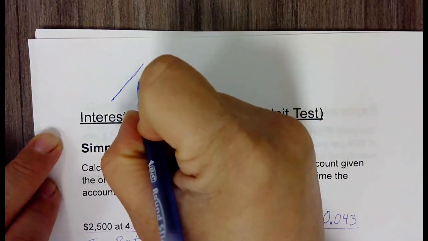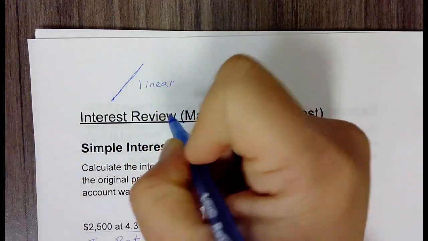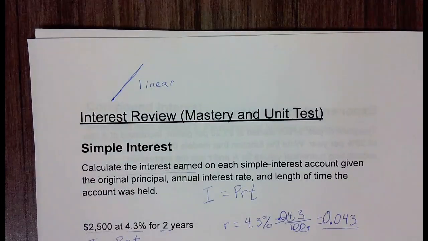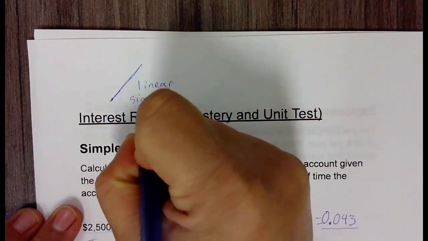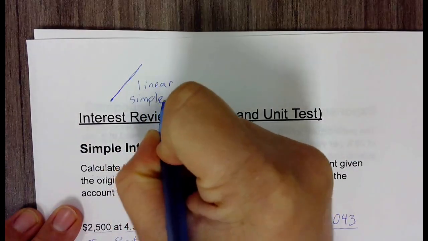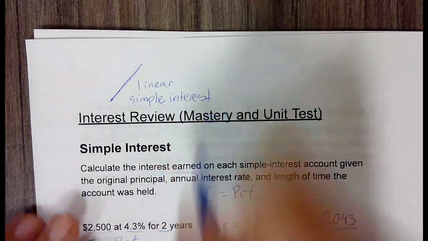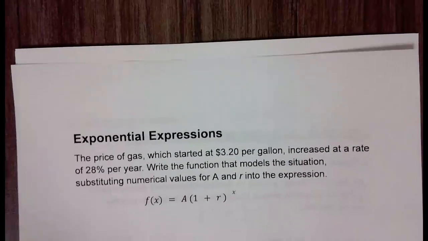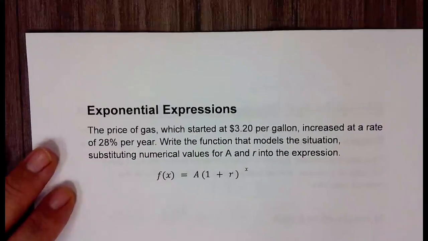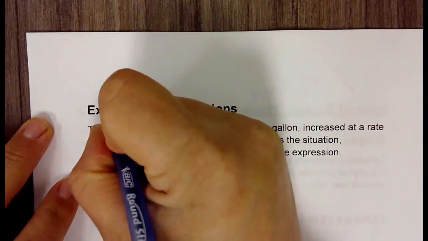This is called a linear expression. Simple interest is linear growth. It grows in a straight line. Exponential growth tells me that it's not growing the same amount each time.